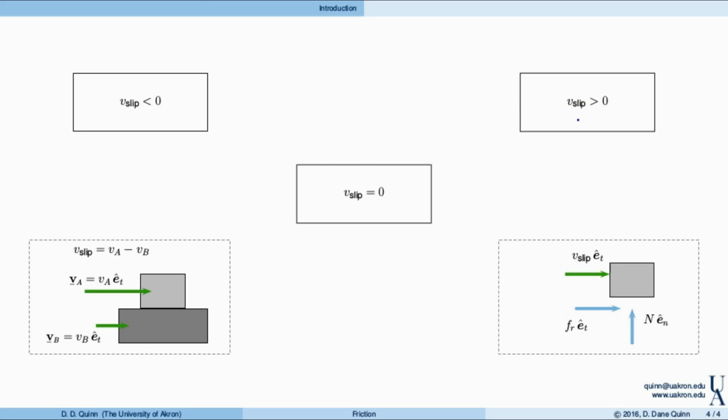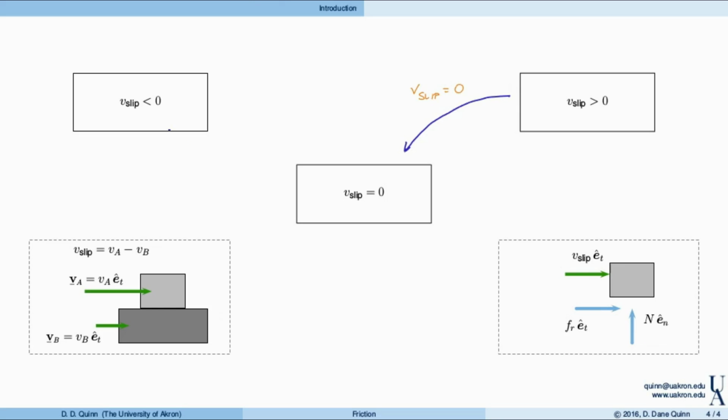So if I'm slipping to the right, if this upper block is slipping to the right relative to the lower block, so that V slip is positive, when do we stop slipping? Well, we stop slipping exactly when that relative velocity decreases to 0. So I can draw a little arrow from here to here, and I can say this transition occurs when V slip equals 0.